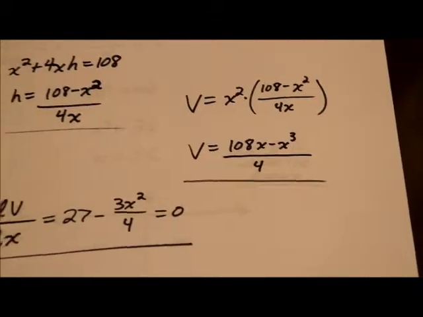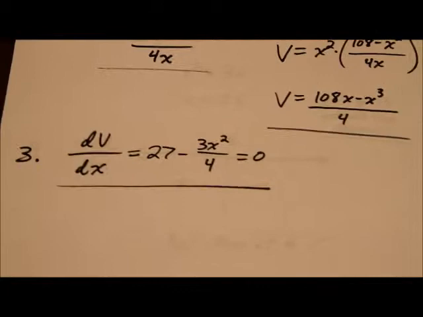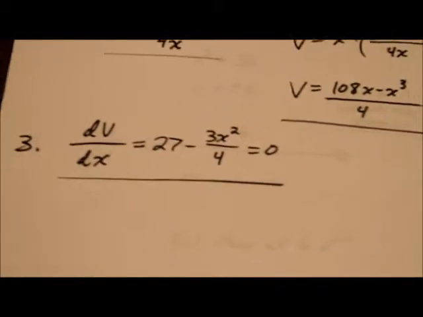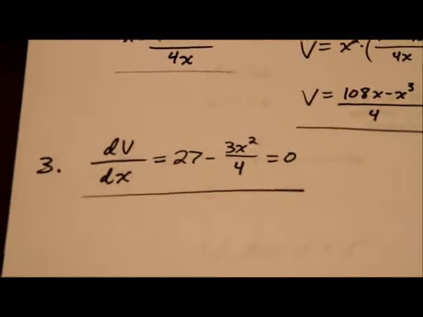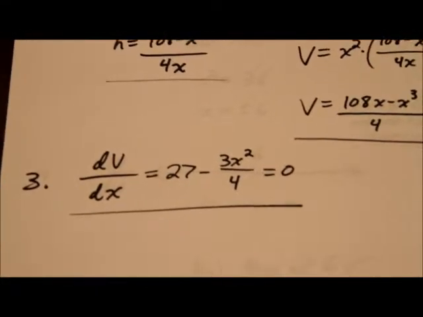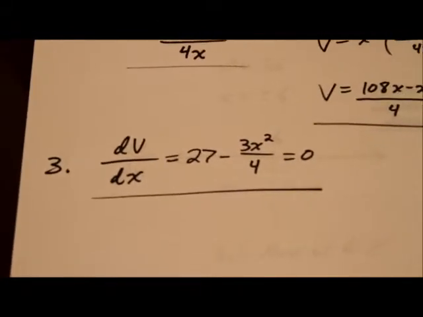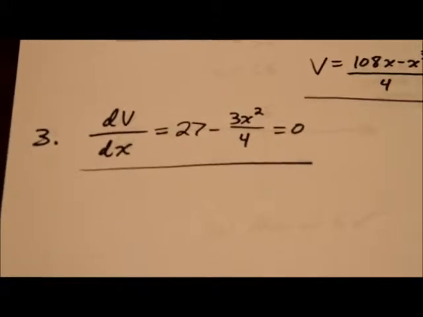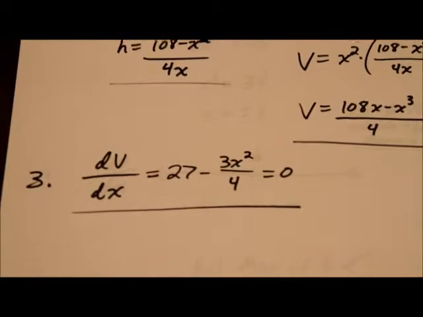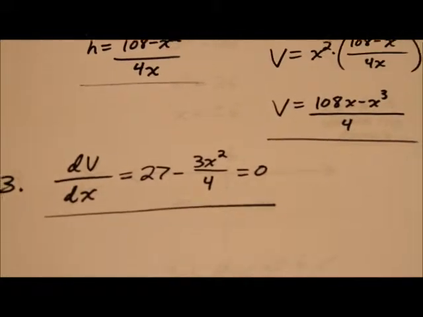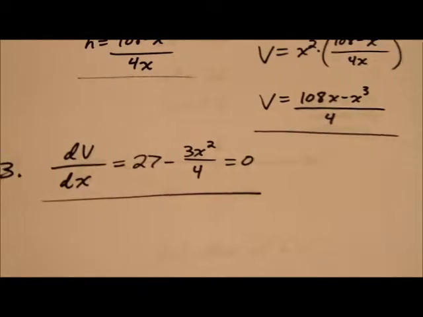Because of what we've learned with relative minimums and maximums and the first derivative test in general, I'm pretty sure you know we're about to differentiate this, which I've already done for you again. And dV/dx, or the change in volume with respect to x, is going to be (27 minus 3x squared) over 4. And we're going to set that equal to 0, and that's step 3.